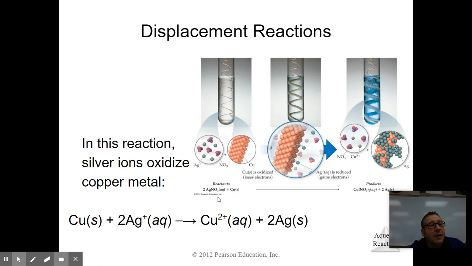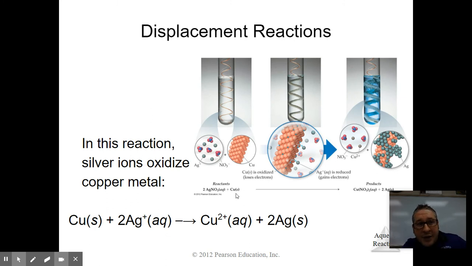If this standalone metal, the metal that's by itself on the reactant side, is above the metal ion in the substance it's reacting with, then you will have a reaction.